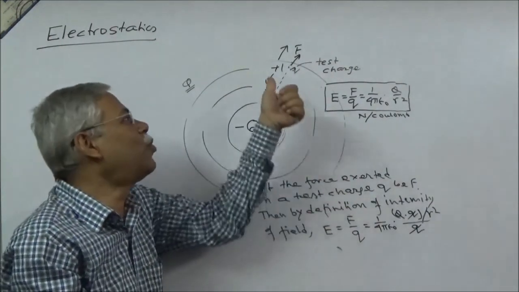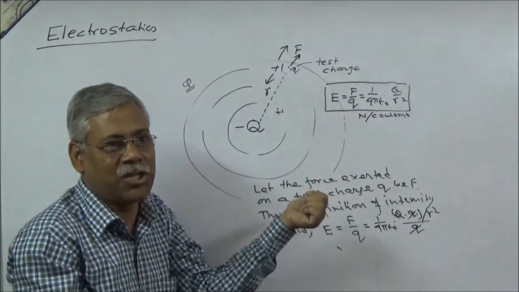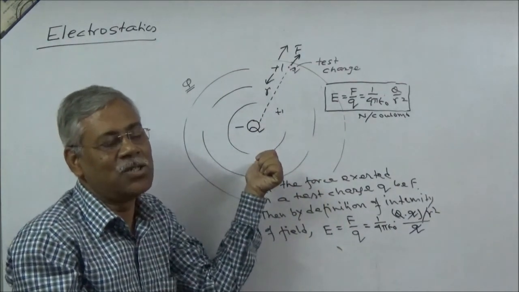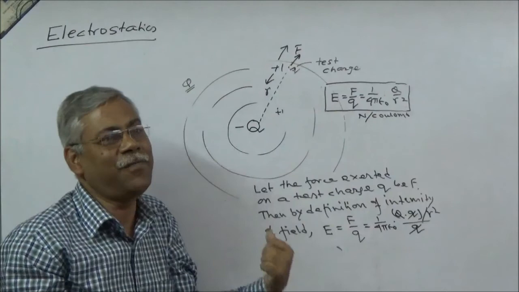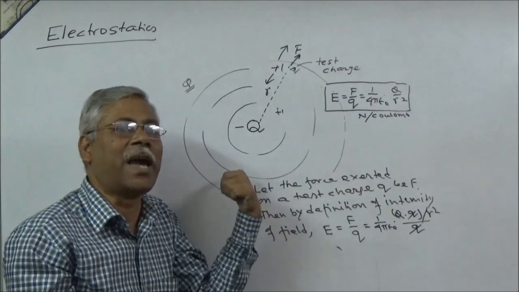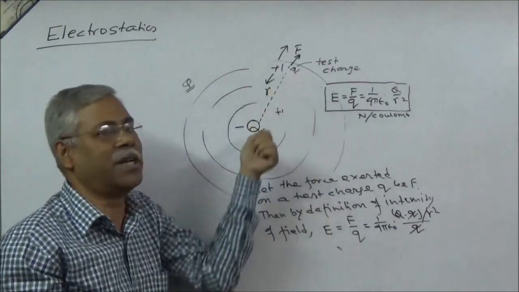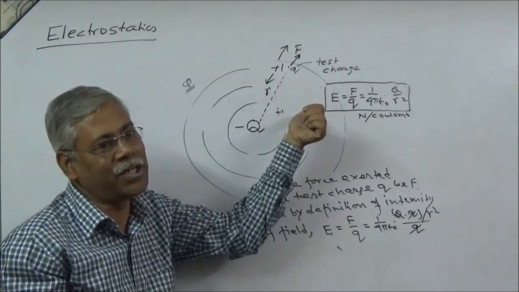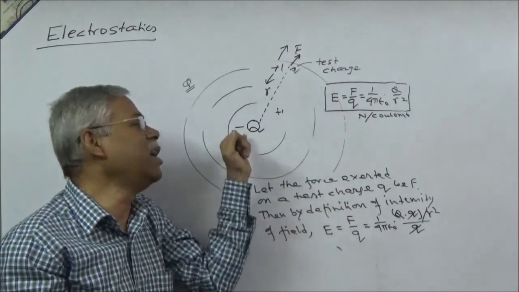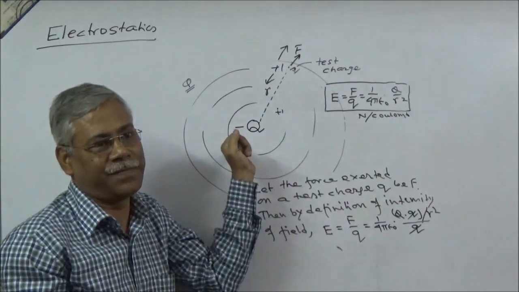So the force on this unit positive charge can be towards the central charge or away from it. That means intensity can have direction towards the central charge or away from the central charge, depending on the sign of the central charge.